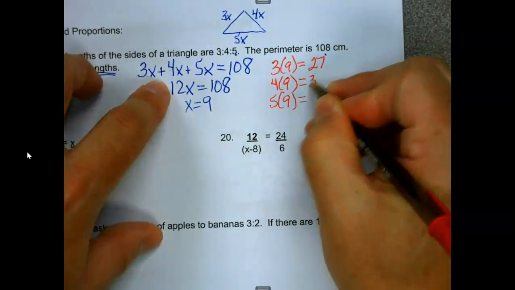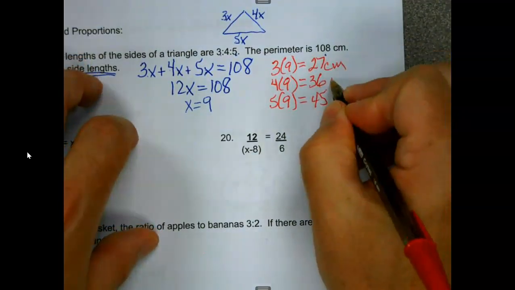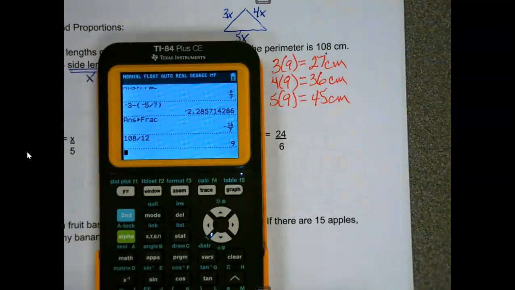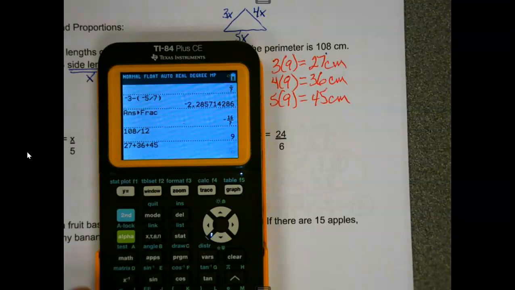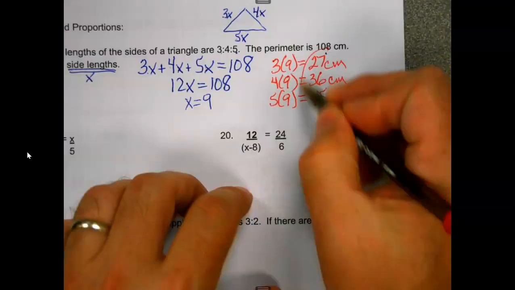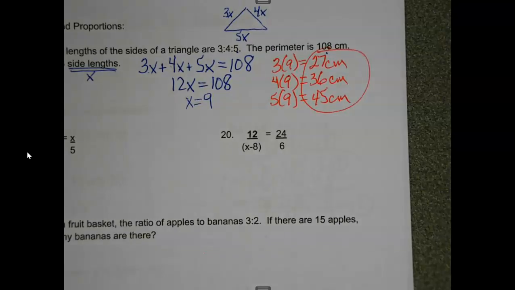And hopefully, and I'm going to double check myself on this, hopefully my three sides, once I substitute in, total up to the 108 that I'm looking for. And if they do, I'm good. I can get that set and get that rolling.